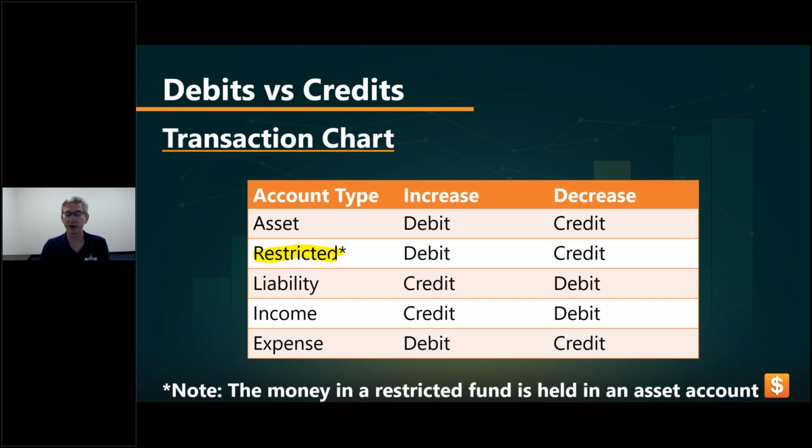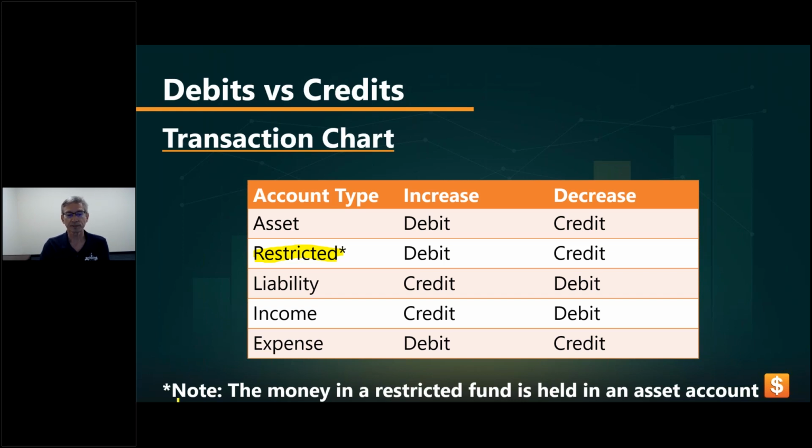A restricted account is considered to be an asset here in this account. In most cases, it's a sub-account of your bank account, your main asset, and there's just a portion of that money that's restricted for a specific purpose.